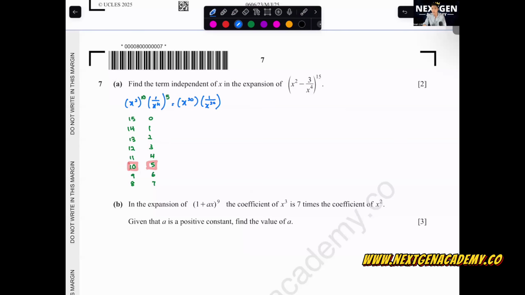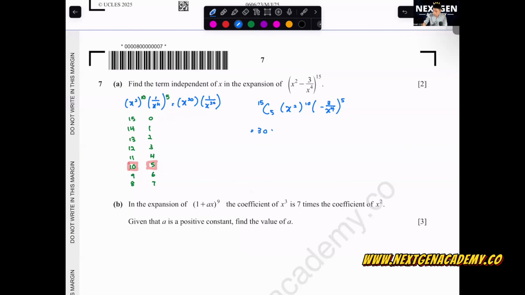Look at the x, focus on the x first. Once you have this, then let's write this one. 15C5, x squared to the power of 10, then here is negative 3 over x to the power of 4, to the power of 5. Type it in the calculator.